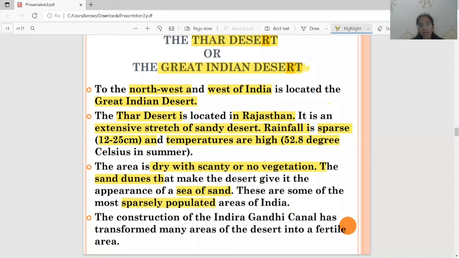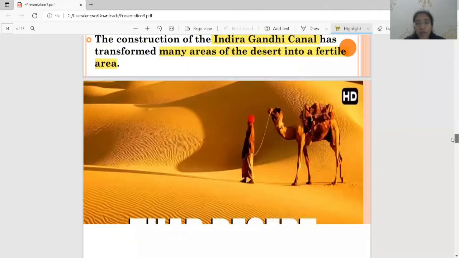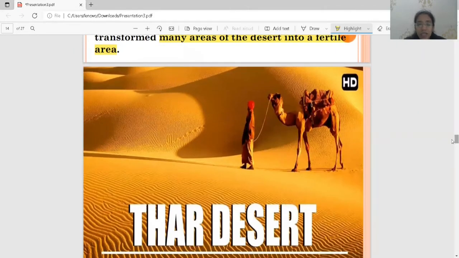Here in your Great Indian Desert, the Indira Gandhi Canal is there in Rajasthan. It transformed many desert areas into fertile areas. Because of this canal, many desert areas are being converted into fertile regions. See, these are your sand dunes. It looks like a sea of sand.